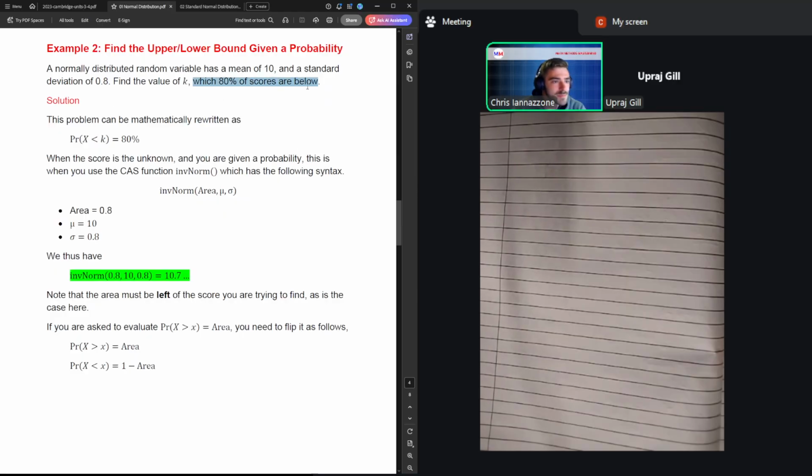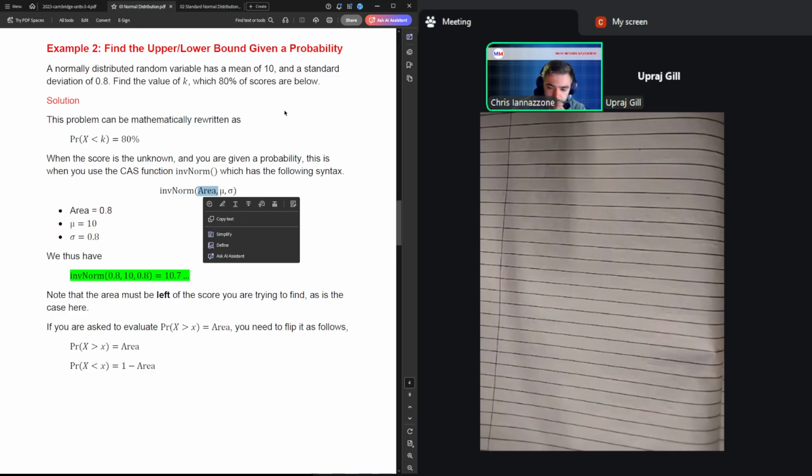So if it says 80% or below, that would be x less than some value k is equal to 80%. And in this case, we're trying to find out what the k actually is. What is that score that's left over? Tech active, you're just using the inverse normal.